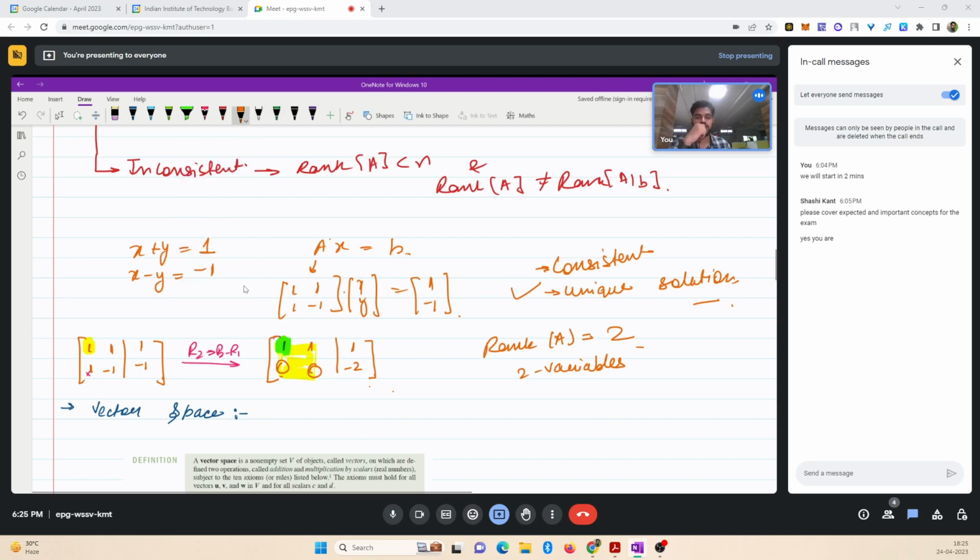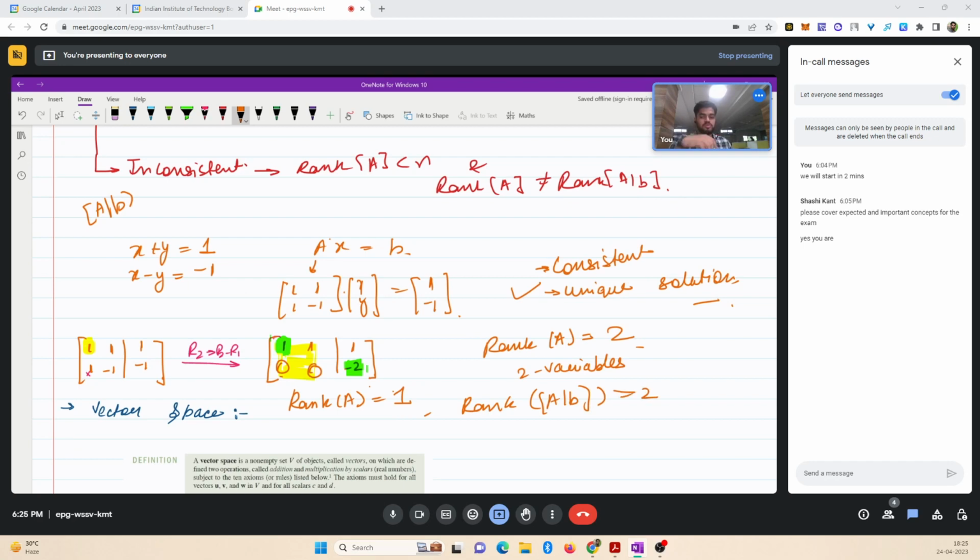So what would have been the rank of A? The rank of A would have been 1. But when we consider the augmented matrix AB, then we have two pivot elements, one is 1 and another one is -2. So the rank of A augmented B is 2.